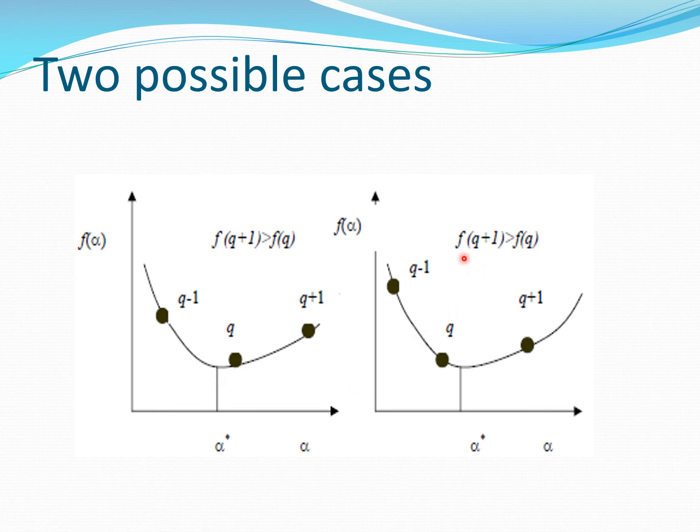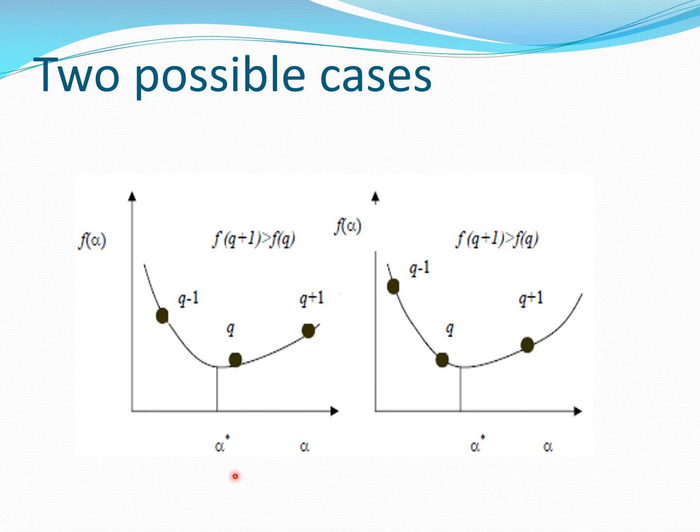And the second situation could be same thing applies here, f of q plus 1 is greater than f of q, but as you can see here, the minimum value may be here. So basically what we then say is that minimum would lie between q minus 1 and q plus 1.